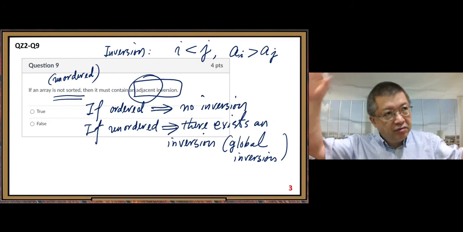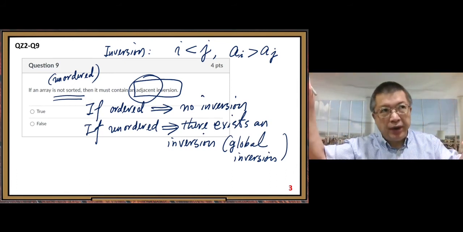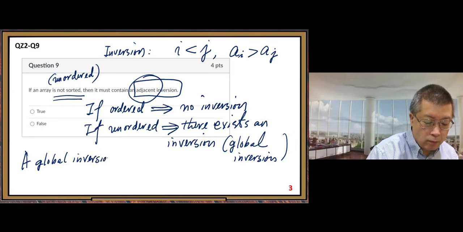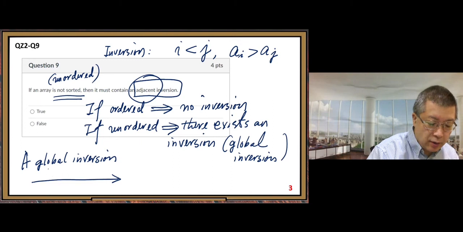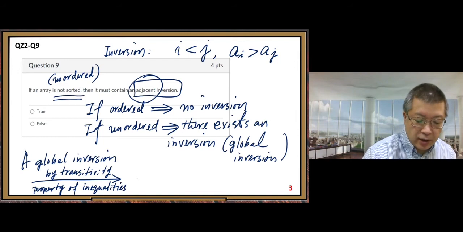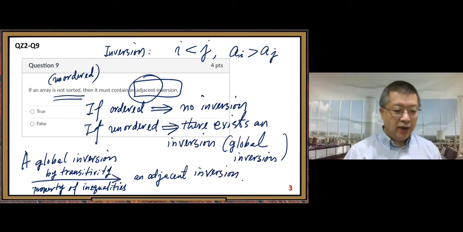If there is a global inversion, by the transitivity property, since inequality has the transitivity property, a global inversion automatically implies an adjacent inversion. So the answer is true.